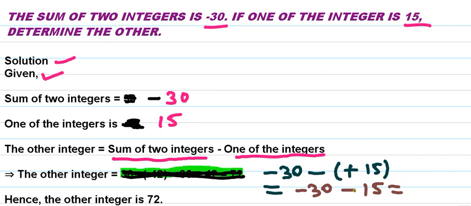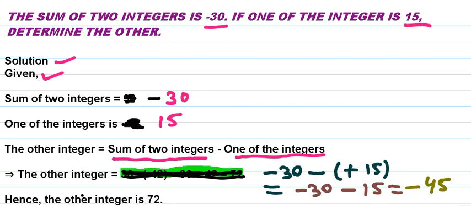Minus minus gives a plus operation, but we will put a minus sign, because both integers contain a minus sign and both are negative integers. So 30 plus 15, you know very well, that is 45.